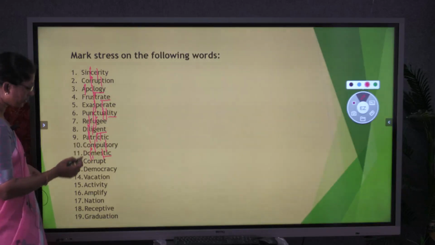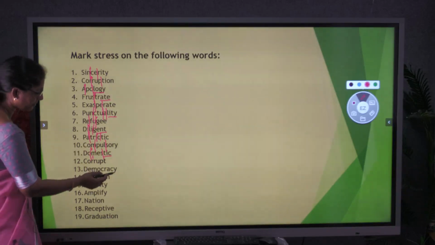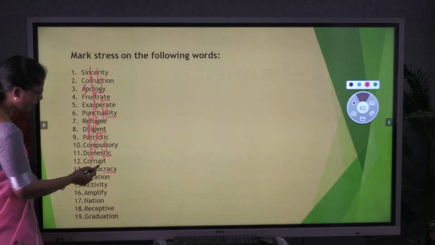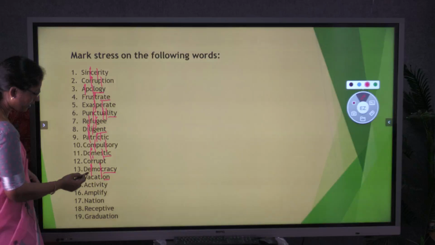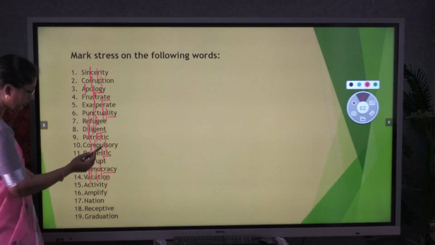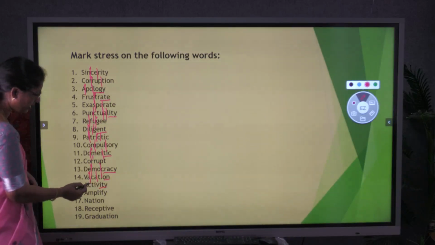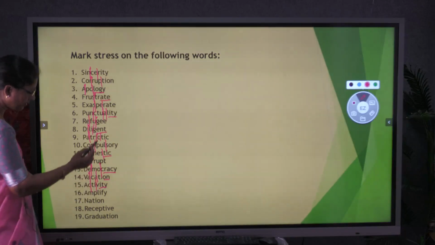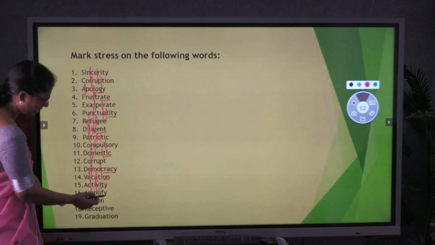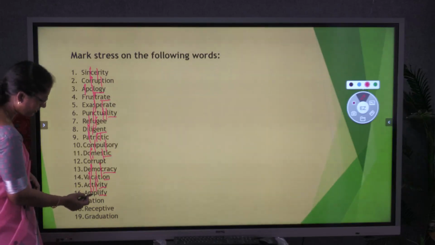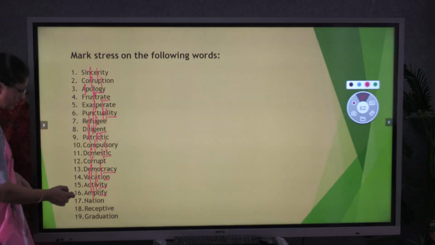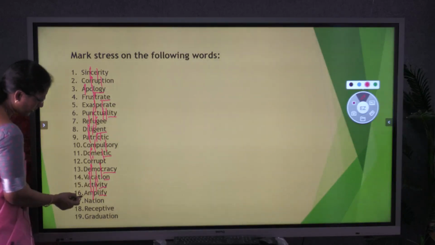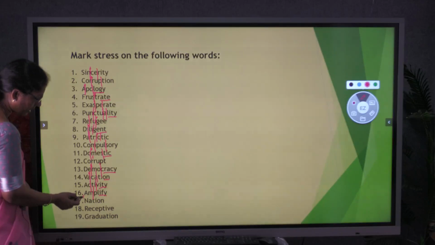It's one rule. Corrupt. Next, crazy. Democracy. Next, TION, vacation. Next, ITY, activity. Next, IFY, amplify. If it is a verb, we say amplify. Next, nation. As it is a noun, a disyllabic word, the stress is on the first syllable, nation.